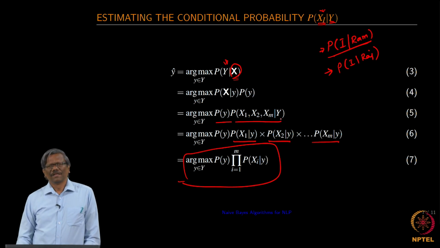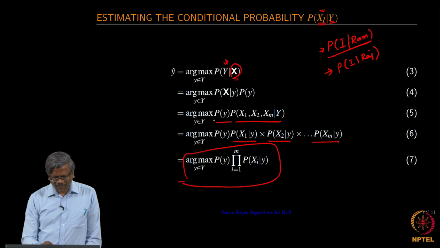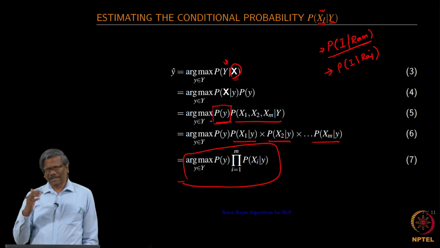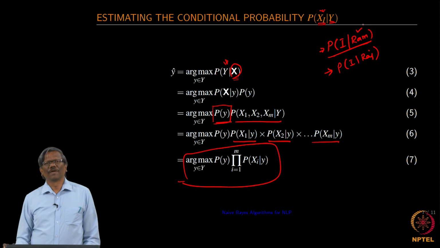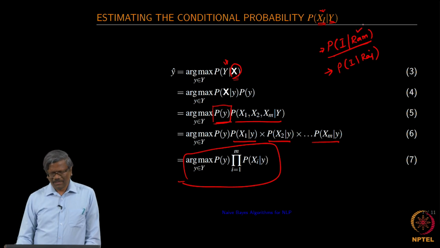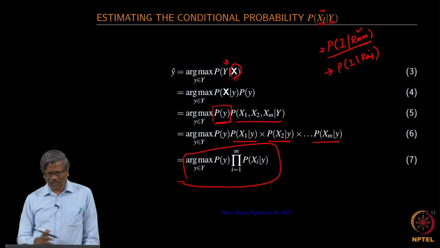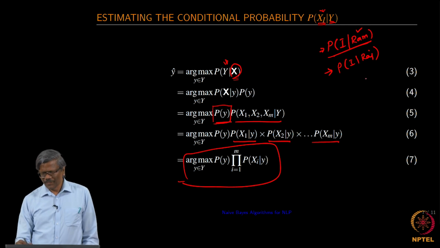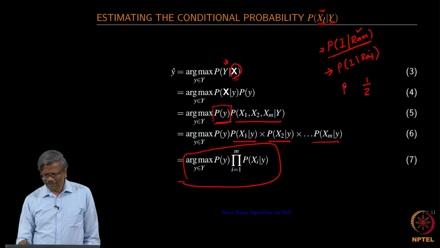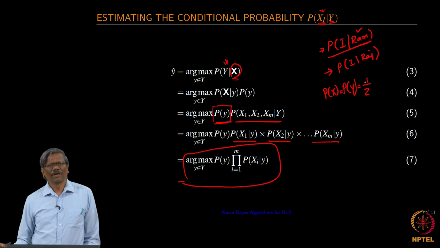For us to find that, we have a few parameters that we can estimate from the data. So, one is the prior probability for that class. Since we are going to be having only 2 classes here, and the sets of emails are the same, we have P of y equal to half.